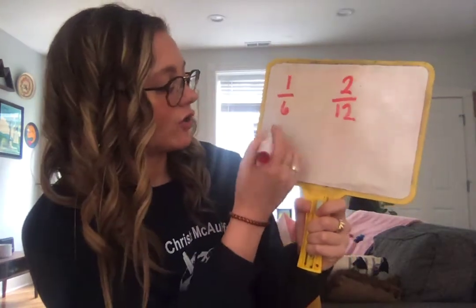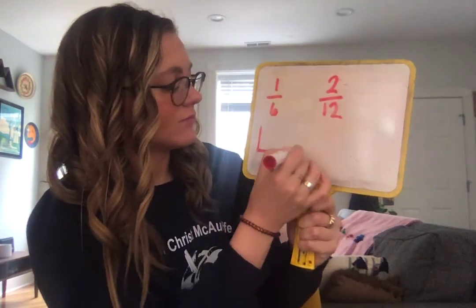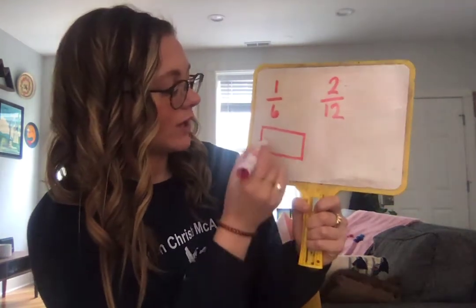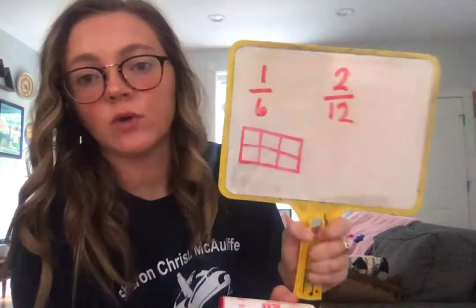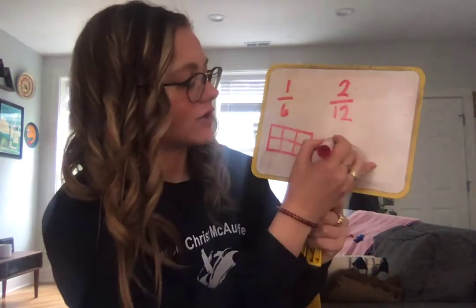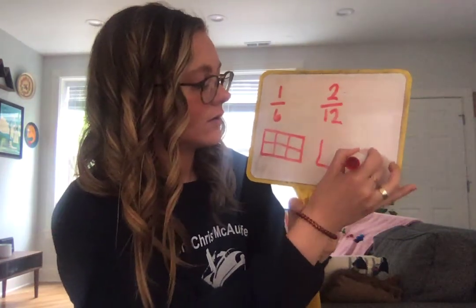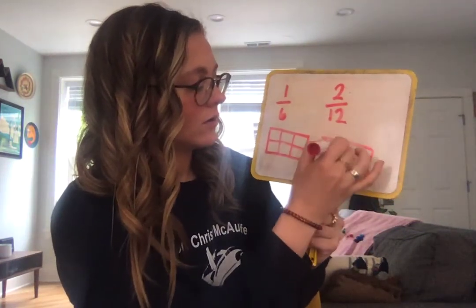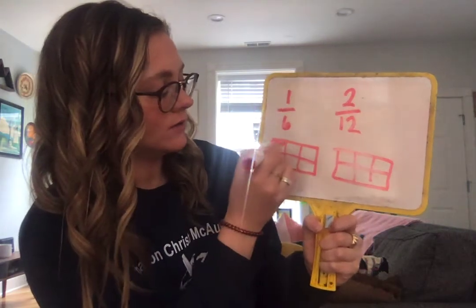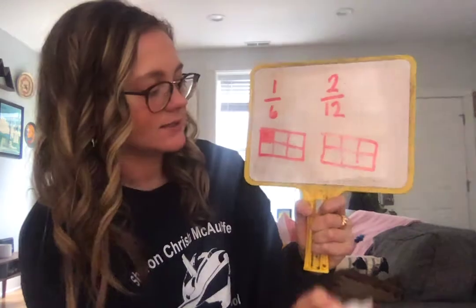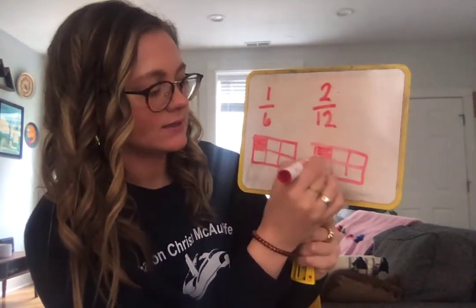So the way that I would go about drawing it is draw a shape, break it up into 6, however you want, just make sure they're 6. Draw that shape again, I'm going to fill in 1/6 and 1/6.